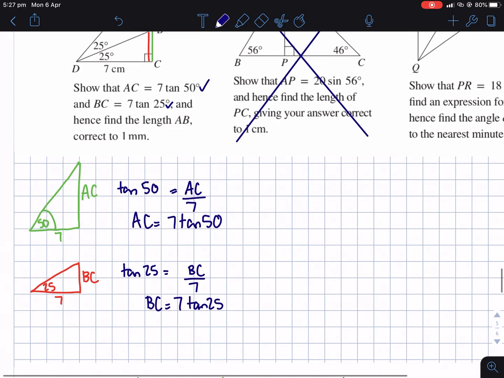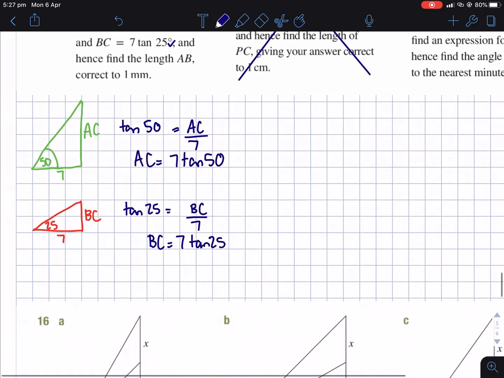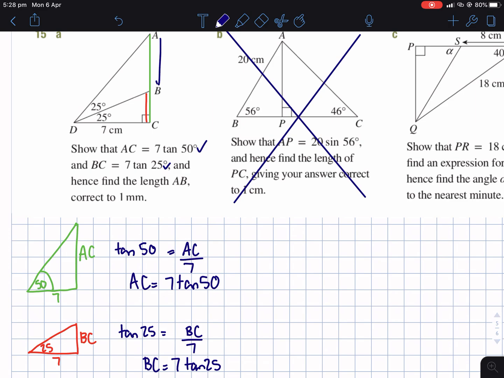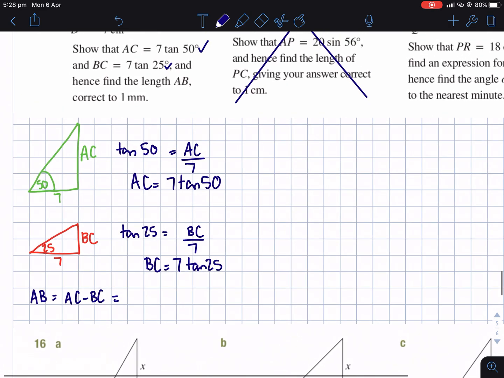And hence find the length AB. So AC was 7 tan 50. BC was 7 tan 25. So AB would be AC minus BC, because we're just after this length now. So it's the big one minus the small one.